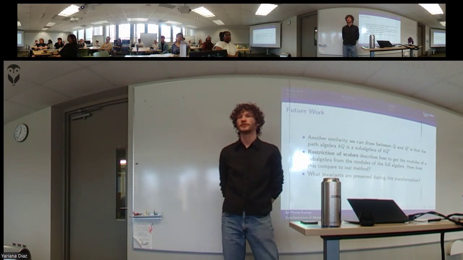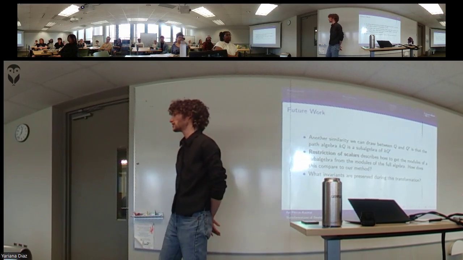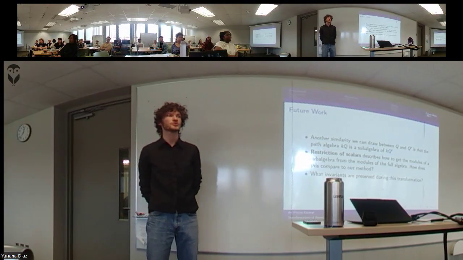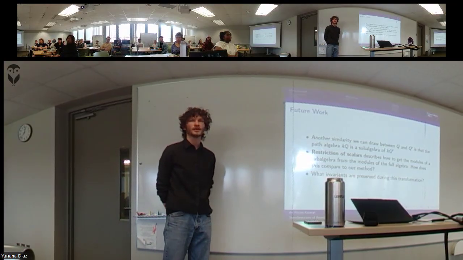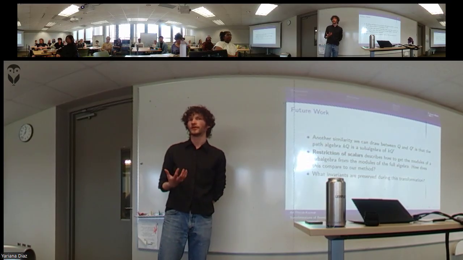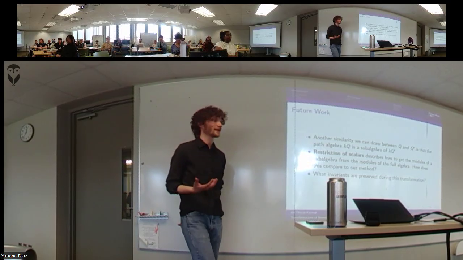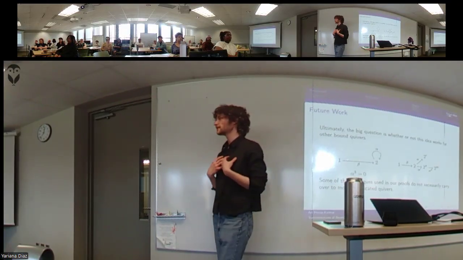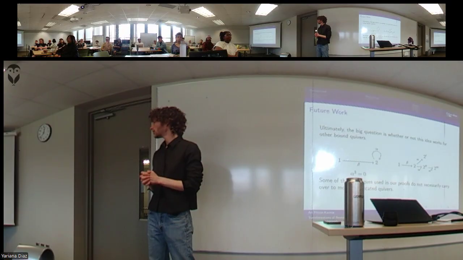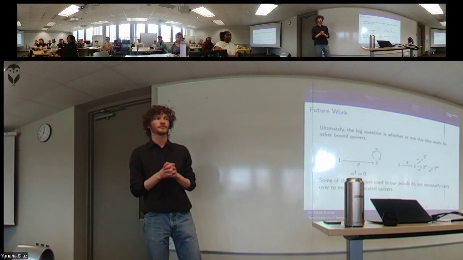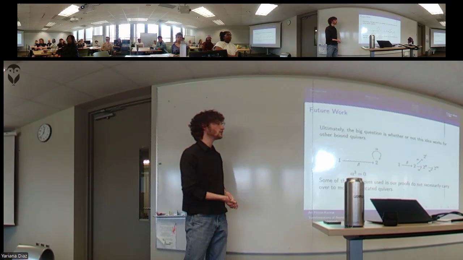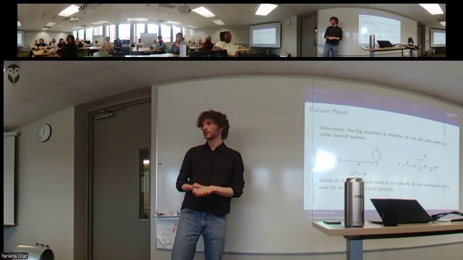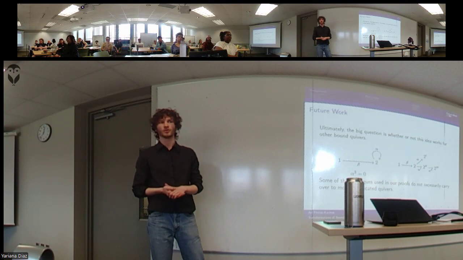We're also interested in being able to more precisely pinpoint what information is preserved and lost during this transformation. If we have some sort of invariant of our original quiver, is that necessarily also an invariant of that transformed quiver? But ultimately, the really big question in my mind is whether or not this technique works for other bound quivers. The proof techniques that I've used in showing these two theorems rest fairly heavily on some major assumptions that we made about these quivers.